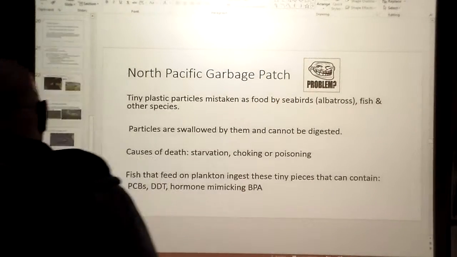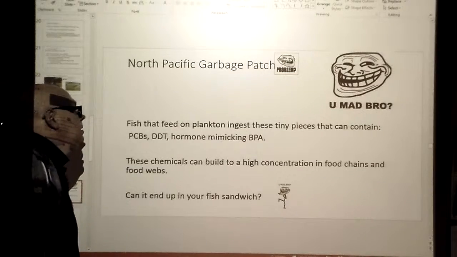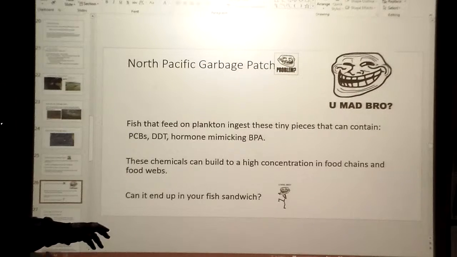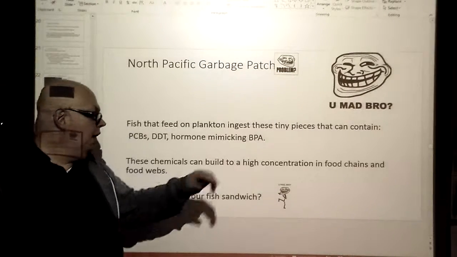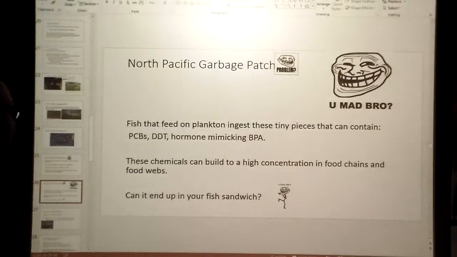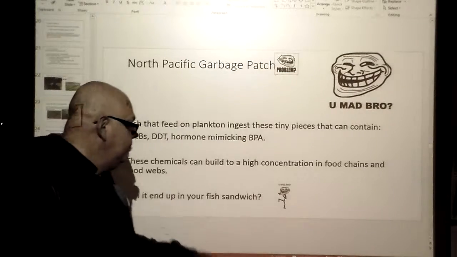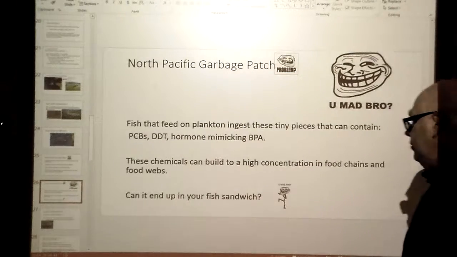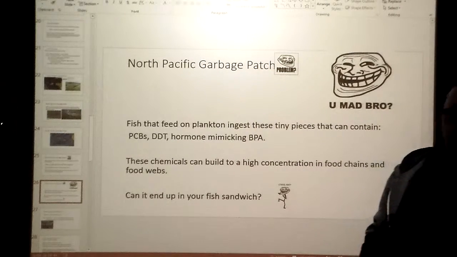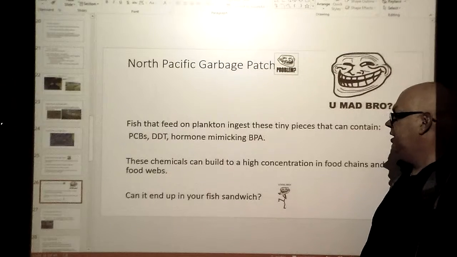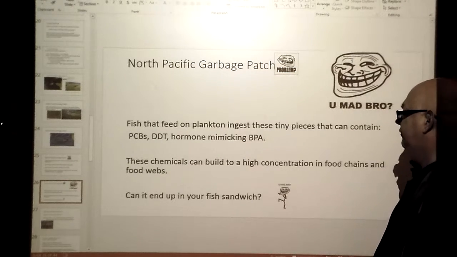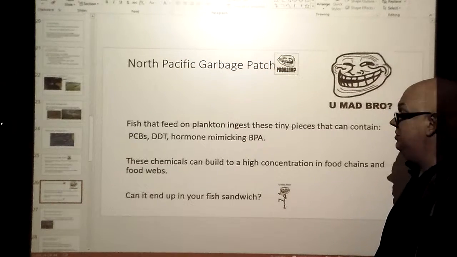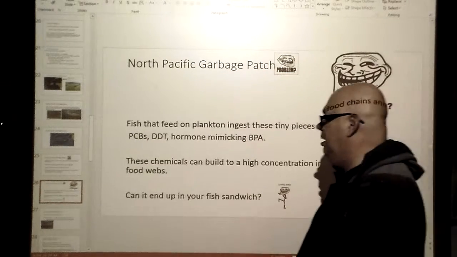Okay, I'm looking at my time, guys. Now the problem comes down to these chemicals can build to a high concentration in food chains and food webs. Can it end up in your fish sandwich? Yeah, it can. That's a concern they have with the fish. The fish is food, so we're polluting our own food sources. Bit of a problem there.